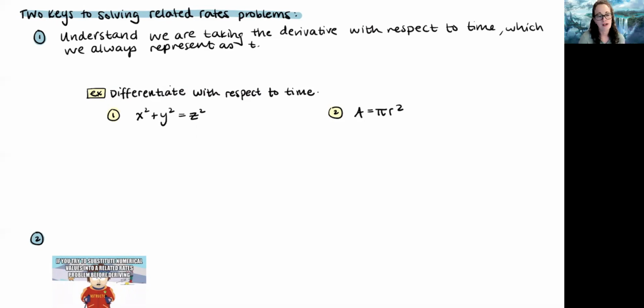Now in our formulas or equations that we'll start with, if you just look down at these examples here we're differentiating with respect to time t. But if you notice in the equations, we actually don't have a variable t in there. That is how it's always going to be.